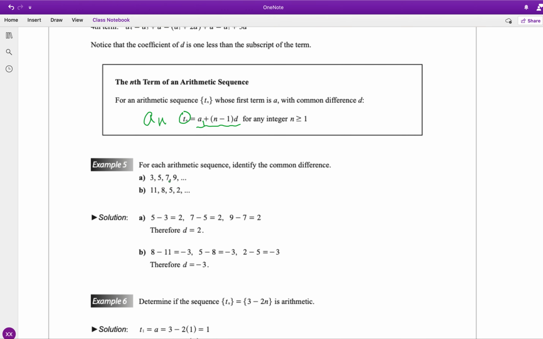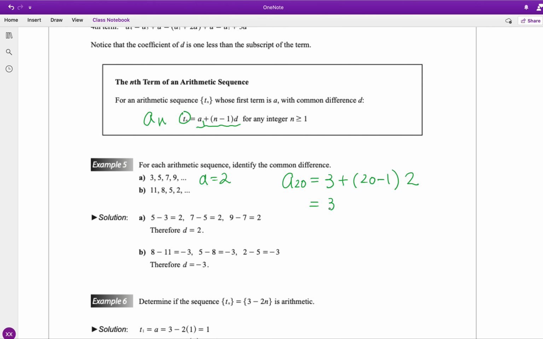Now, for example, take a look at 3, 5, 7, 9. First of all, we know the common difference is 2. So if you ask me for A20, I can just say the first term A1 is 3, and for A20, n minus 1 is 20 minus 1, multiplied by 2.